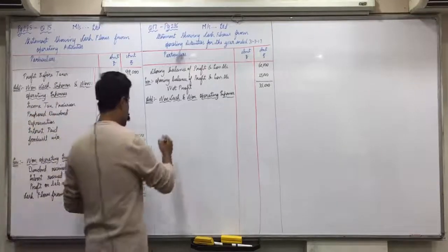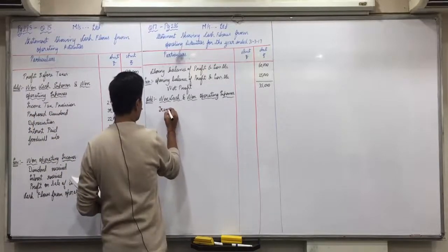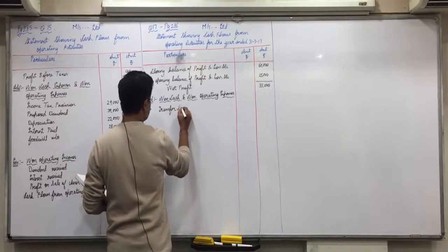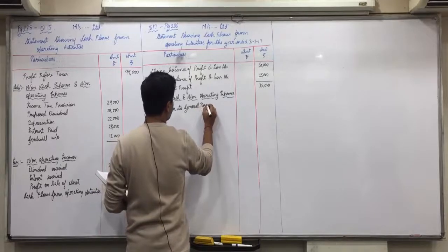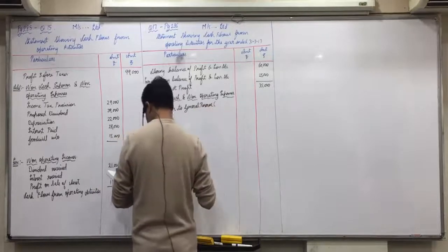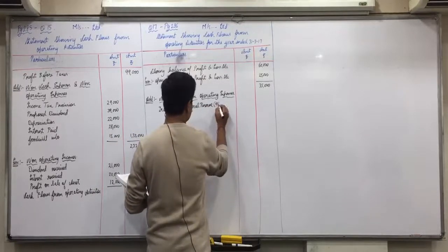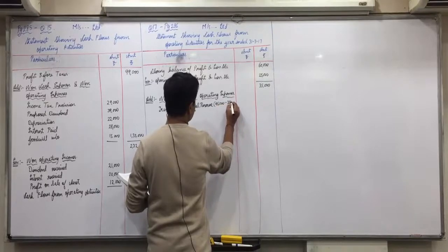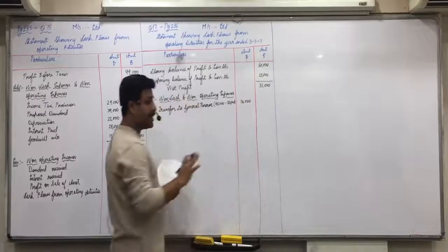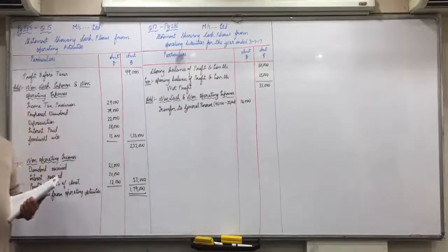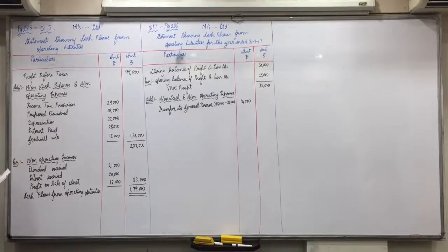Okay, so transfer to general reserve $45,000 minus 35,000, 10,000. As I said, everywhere we will take difference except provision for tax and proposed dividend. There we don't take the difference, there we take current year's amounts. Okay?